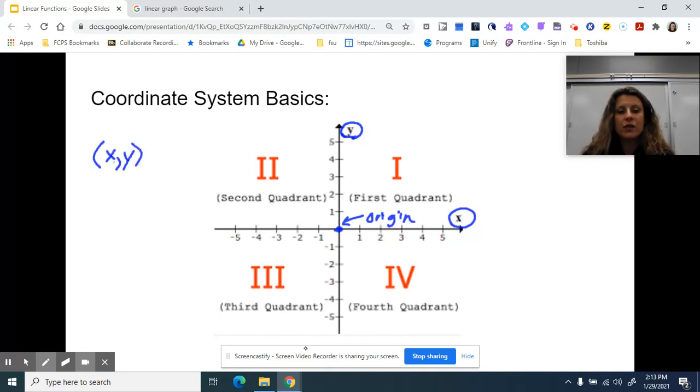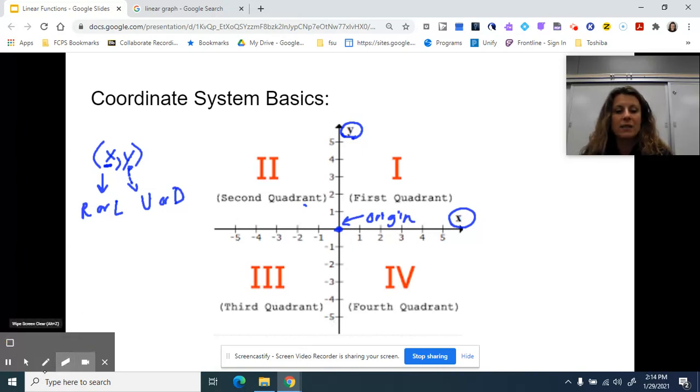This first value tells us what the x value is, so I would move right if it is positive or left if it is negative. The y value always comes second, and remember, the y is the vertical axis. So this second number tells me to move up if it's positive or down if it's negative.